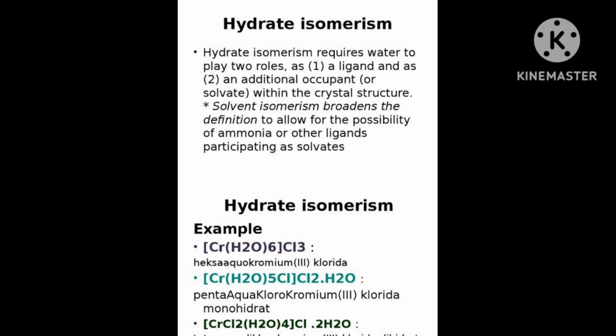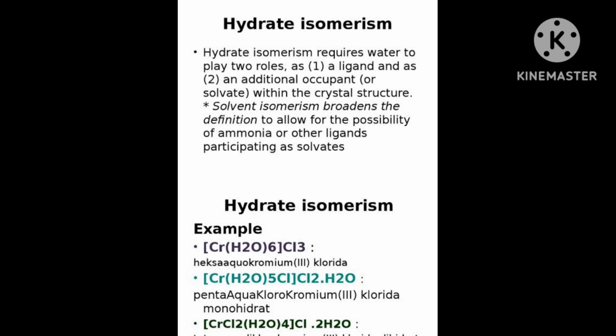Linkage isomerism arises in a coordination compound containing ambidentate ligand. A simple example is provided by complexes containing the thiocyanate ligand.